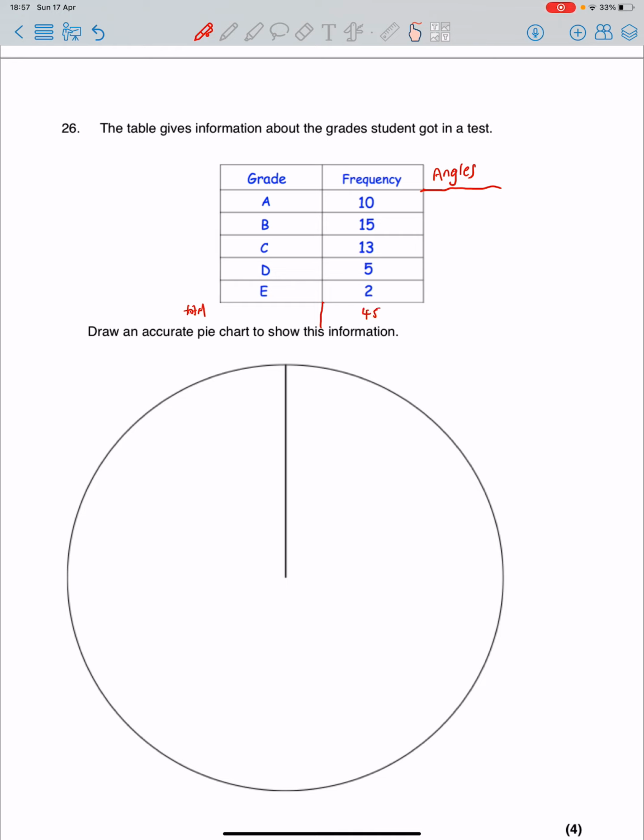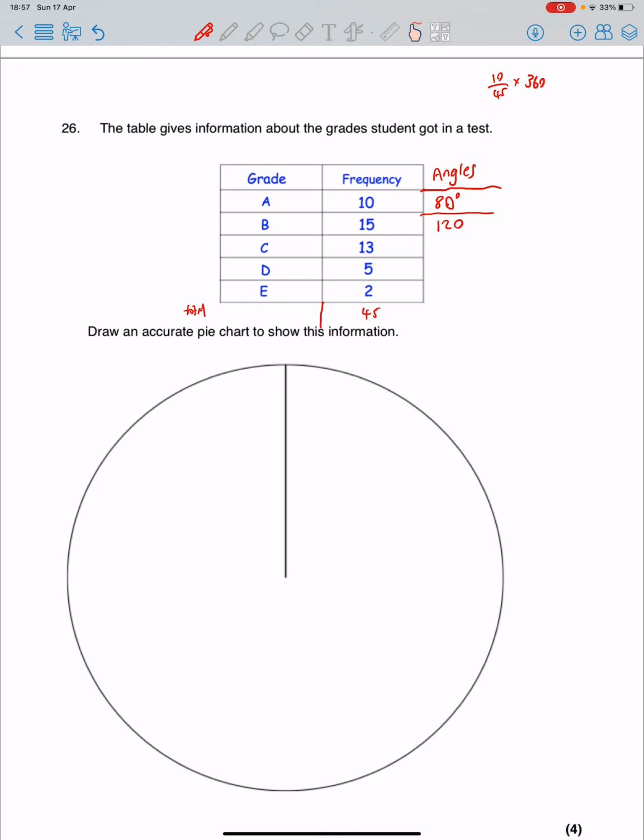So the angle for the A grade is going to be 10 out of 45, that fraction of 360. Okay, so 10 out of 45 times 360. And that's going to be 80 degrees. And then for the next one, it's going to be 15 out of 45 lots of 360, which is going to be 120.